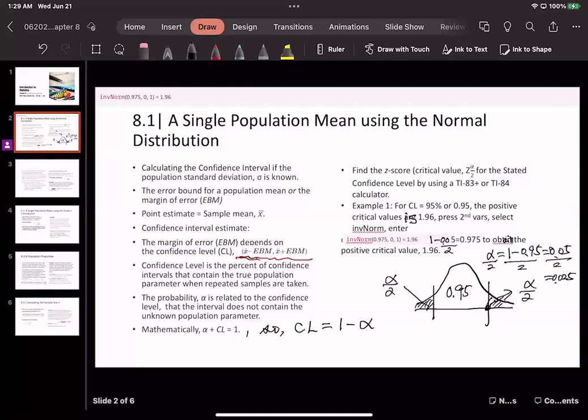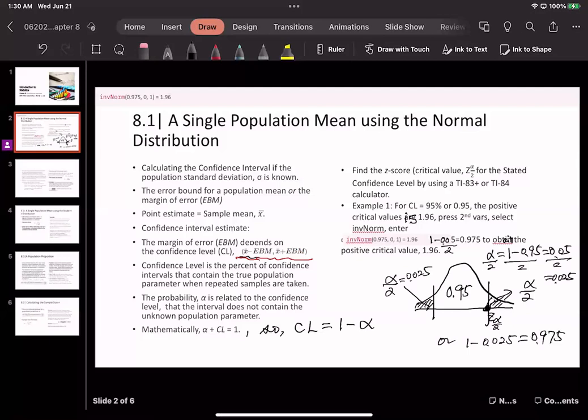For the positive critical value on the right side, the Z-score alpha over 2, at this point, the area to the left is 0.95 plus 0.025, or we can use 1 minus the right-tailed area 0.025, and get 0.975.